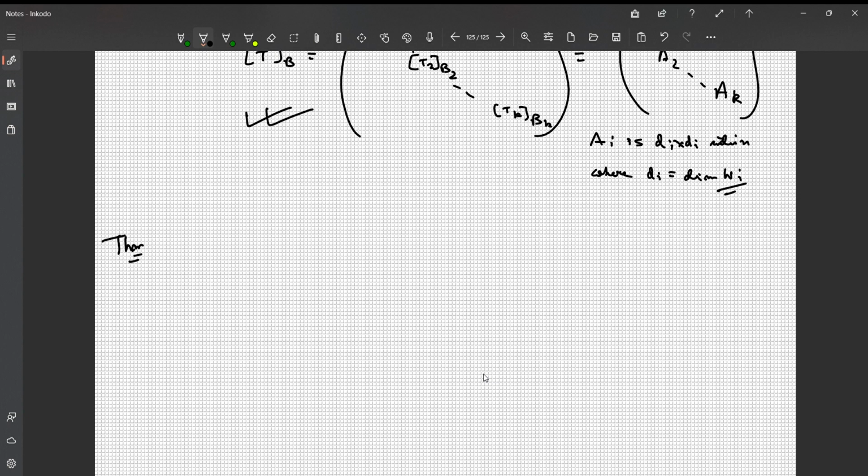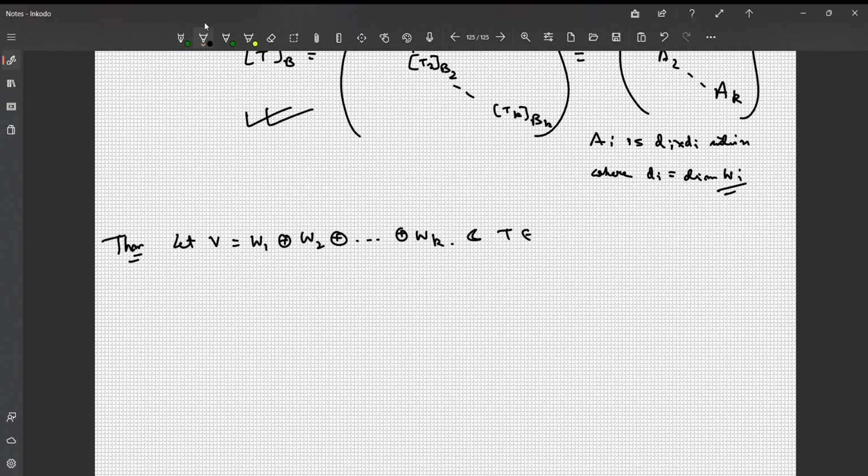What we will say is that, let V be a finite dimensional vector space, or let us simply start with V being a direct sum of subspaces. So let V be the direct sum of these subspaces.